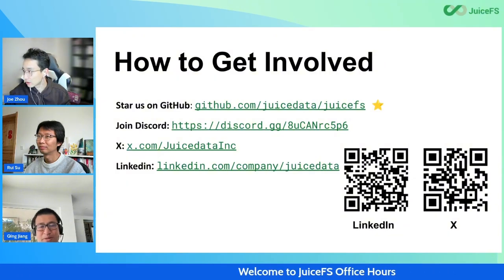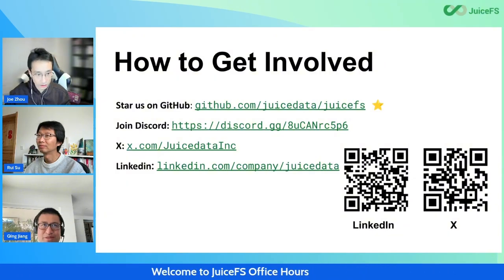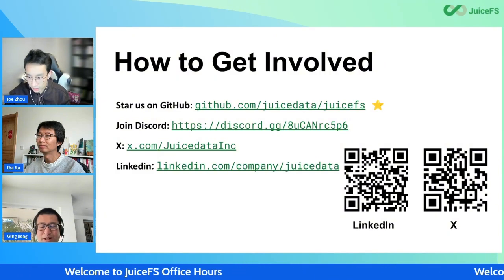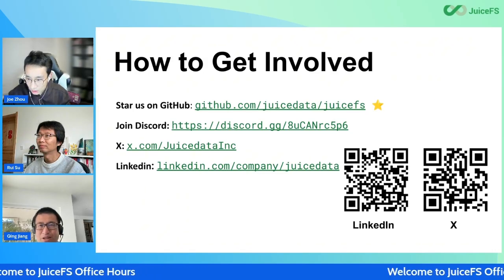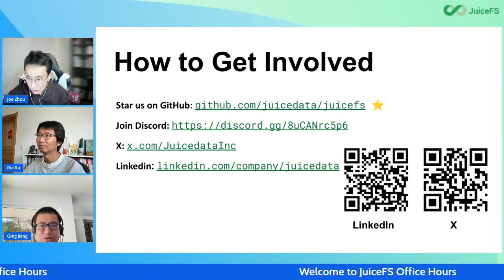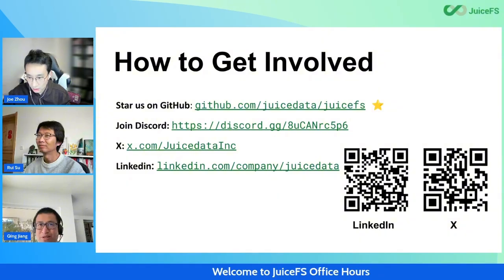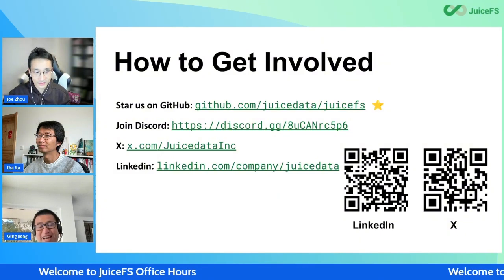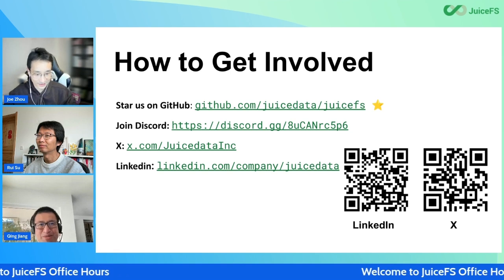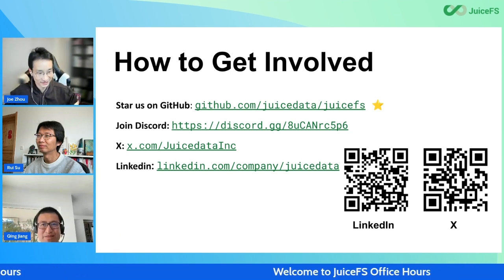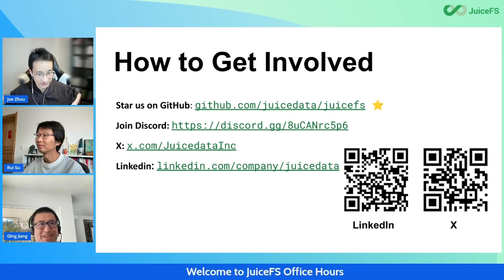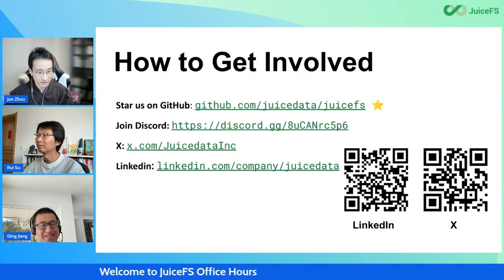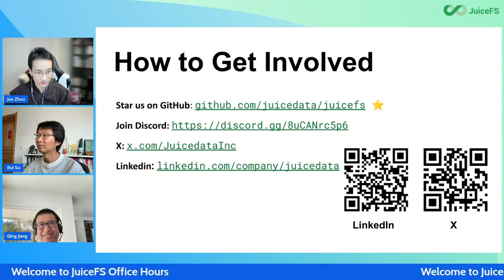Yeah, that's right. We plan to migrate our community channel from Slack to Discord to be more engaged. Because with Discord you can do live streaming, or you can keep all the chat history for better search. I think some bots have been added.